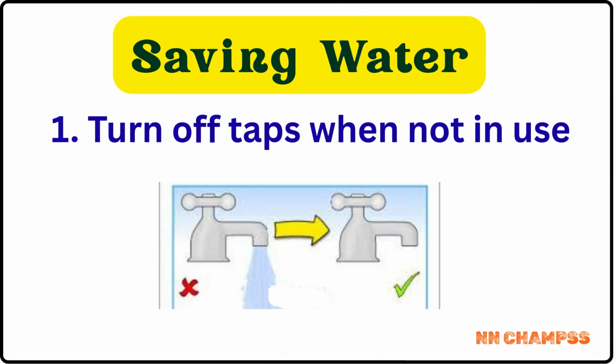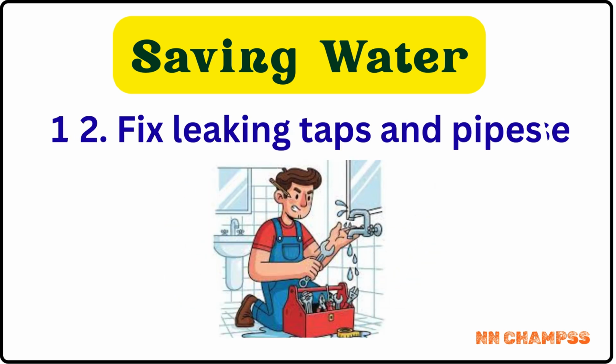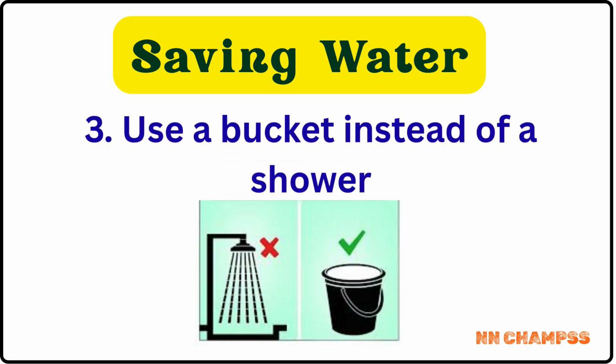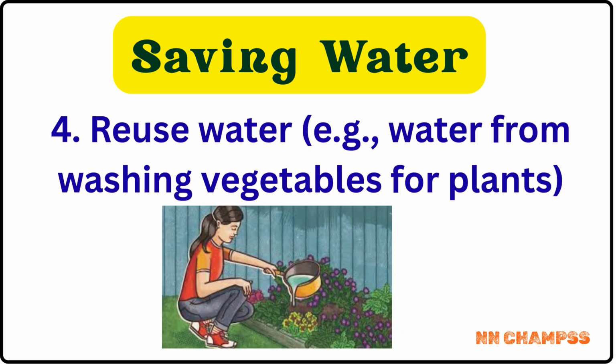Those are: turn off taps when not in use, fix leaking taps and pipes, use a bucket instead of a shower, reuse water. For example, water from washing vegetables for plants.